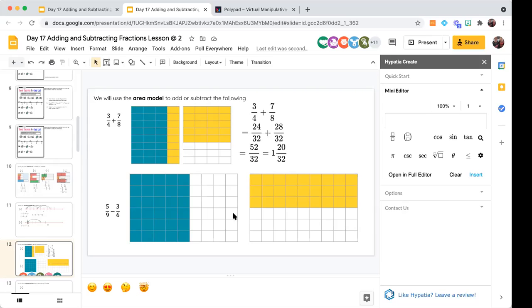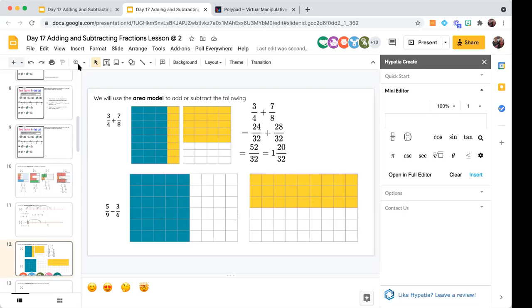But I need to take away all of these yellow ones from my original. So this is what it looks like. I need to take away 27.